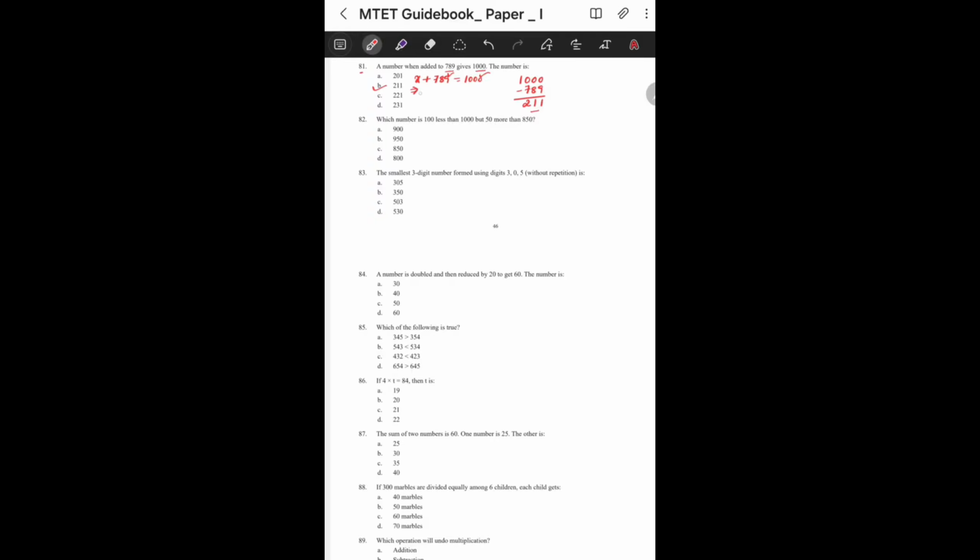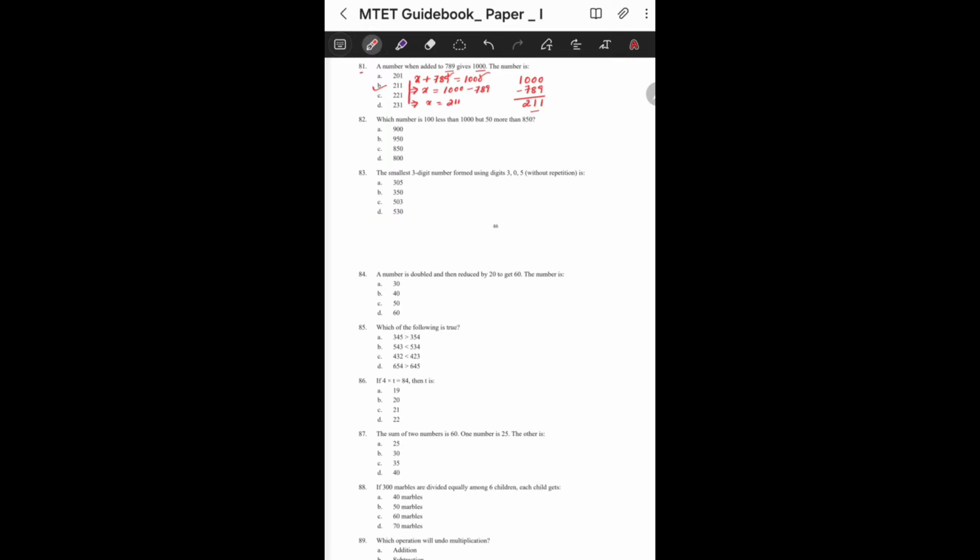Next step, x is equal to 1000, and the positive sign changes side to become minus, so we write minus 789, the given value. Then x equals, if you subtract, you will get 211.